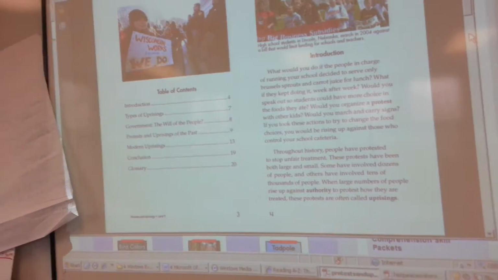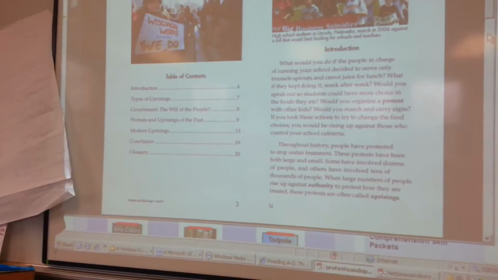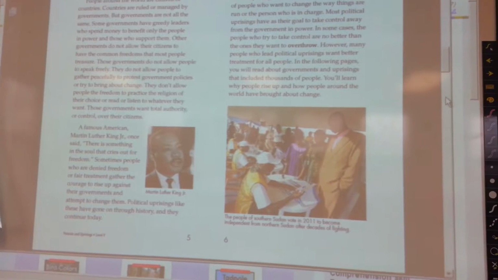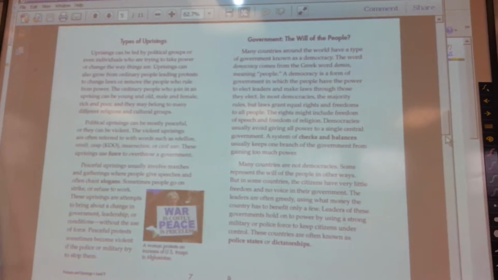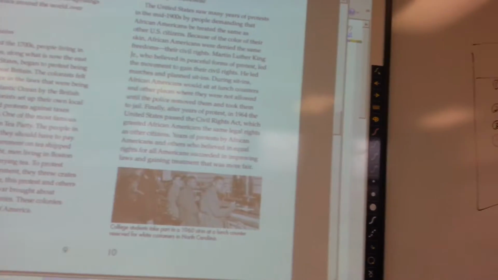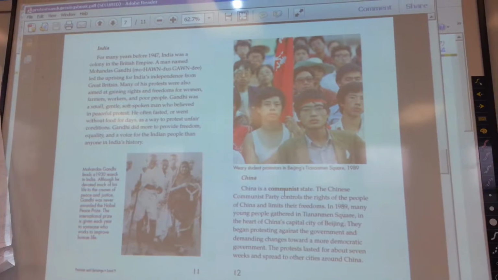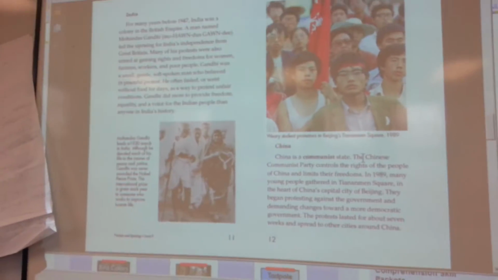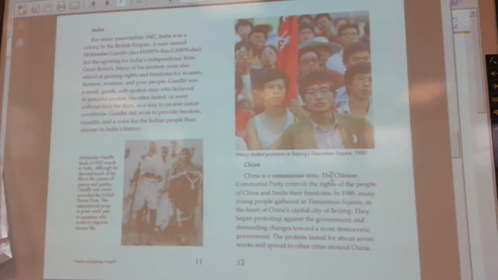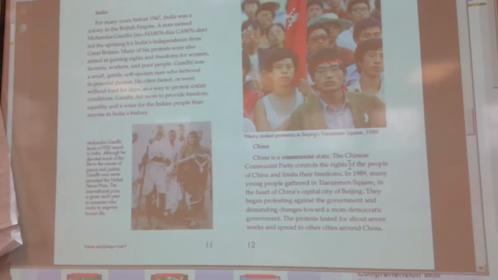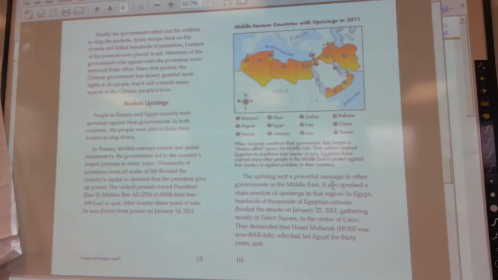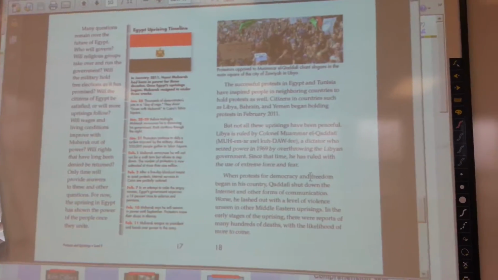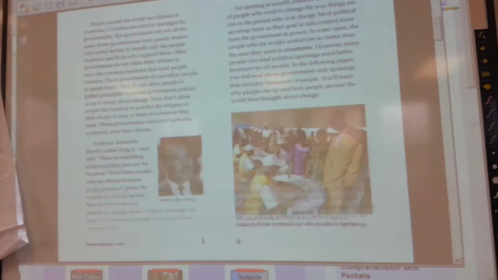So who was in the book? Well, there's Gandhi, there's Mother Teresa, there's lots. What's this right here? Greensboro Four. Here's something important. What's this picture from? Tiananmen Square. I can never pronounce that. And that connects with Martin Luther King and Gandhi, doesn't it?